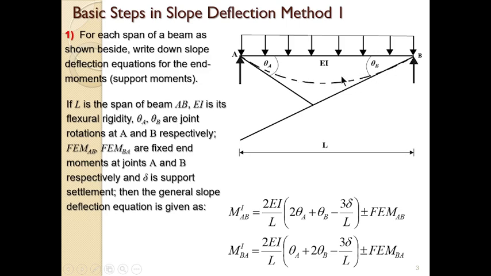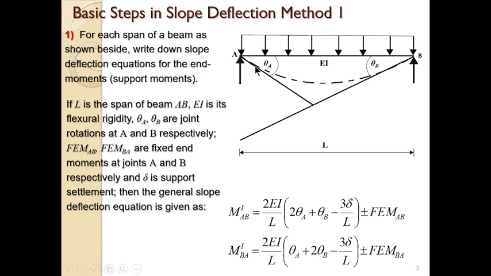Of course, it's not always obvious like this; it is exaggerated for the sake of what we want to do. Once you have this deflected shape, you draw the tangent to it. From there, you can have the rotation at A and the rotation at B. And if EI is the flexural rigidity of the beam, you can write the fixed end moment at joint A and the fixed end moment at B.